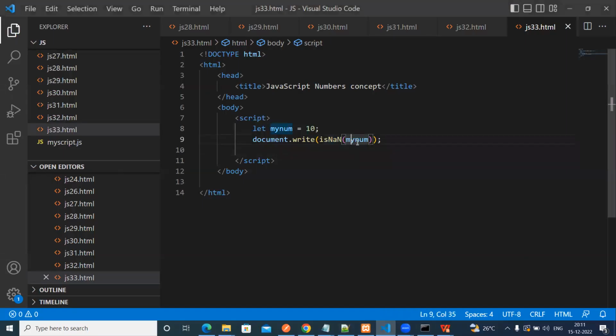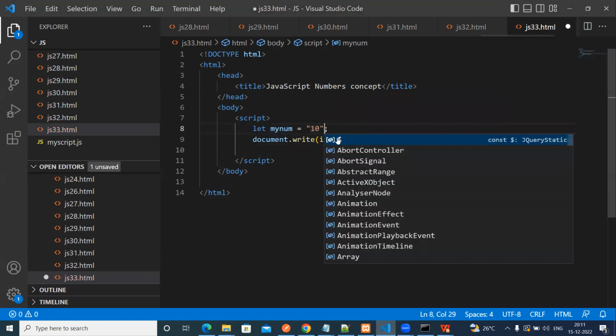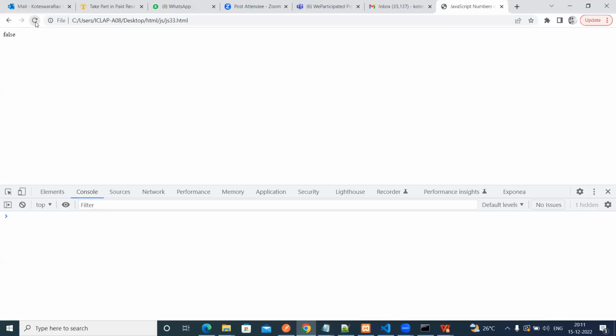It is a number, so we have to get the return, right? Then if we give a string, sorry, we will see why.